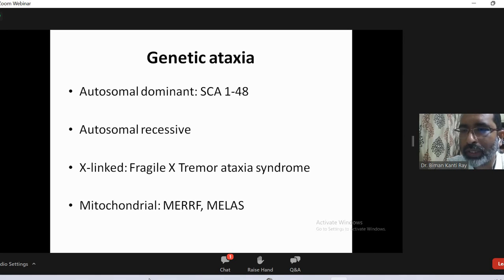They present usually in the second decade of life. There are multiple types of SCA, now up to 48 types of SCA described. It may be autosomal recessive ataxia, it may be X-linked, or it can be mitochondrial, like MELAS or MERRF.